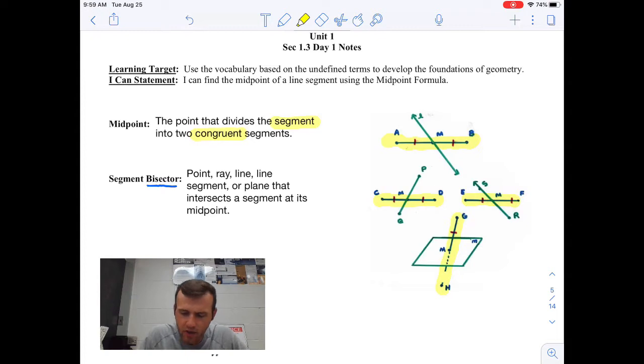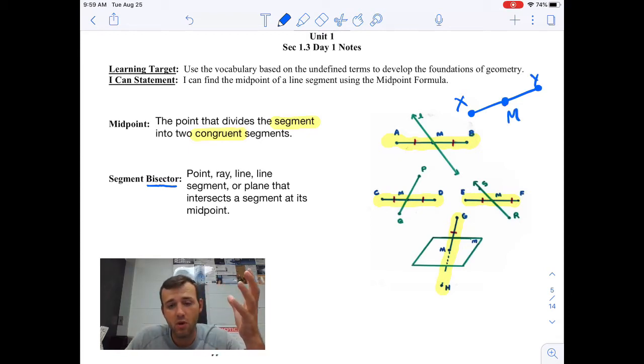Now, some of you seeing, or I pointed out to you, those tick marks. So here, let me give another segment here. If I were to draw this segment, and we'll call it XY, and I'll put a midpoint in the middle. And this is important because I want to show it is in the middle. If I have an M in midpoint, right now I don't know that it's in the middle. I can say, oh, it looks like it, but that's not going to be good enough for us.